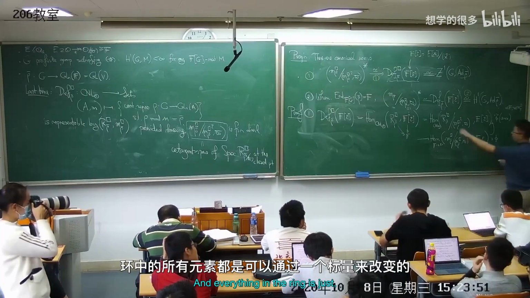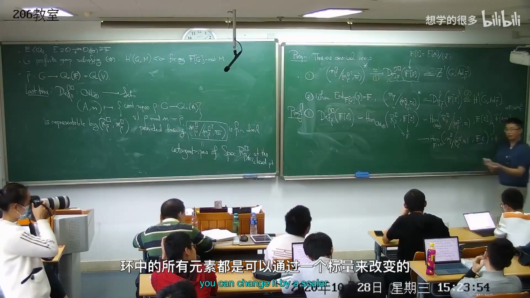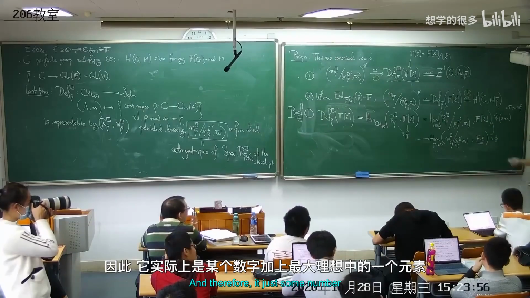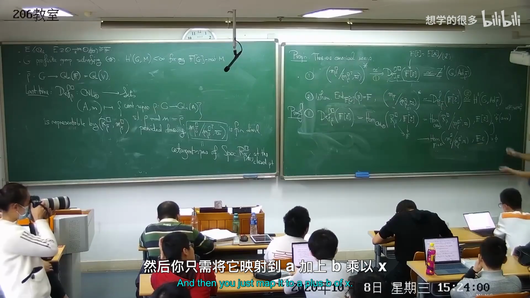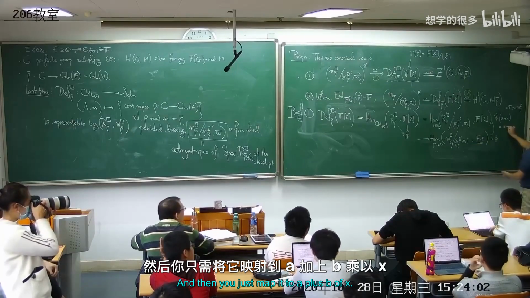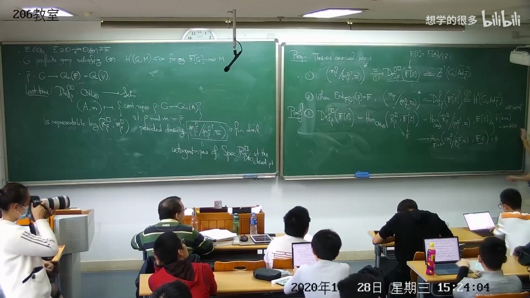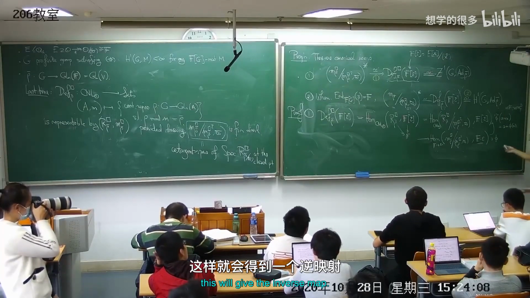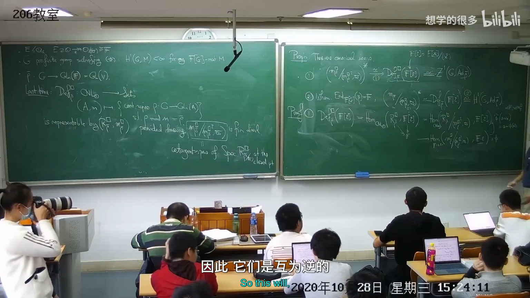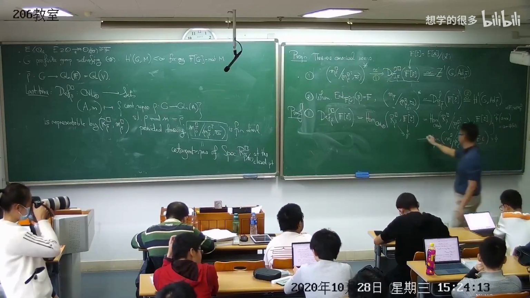Everything in the ring is just a scalar plus some element in the maximal ideal, and then you map it to a plus phi of x, and this gives the inverse map. So these two are inverse of each other.